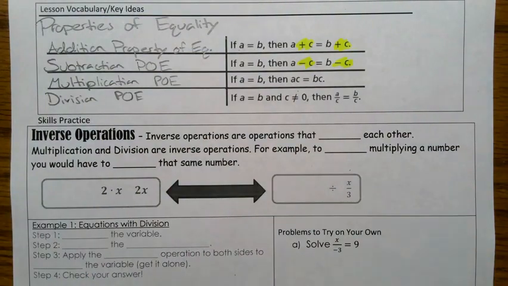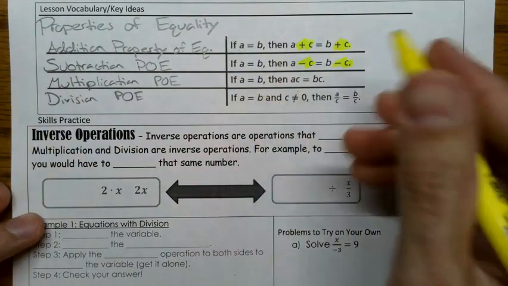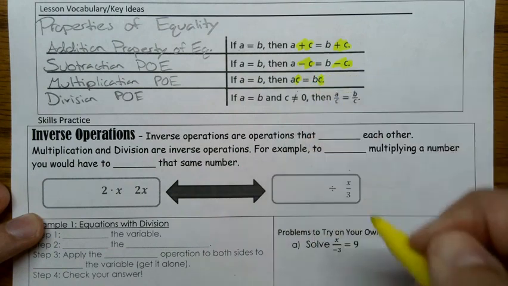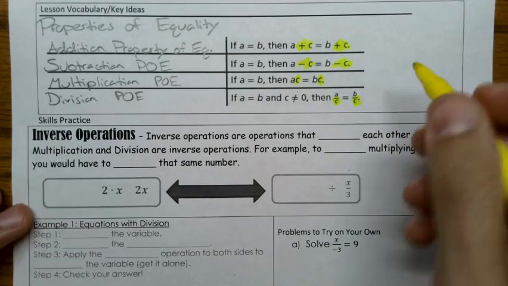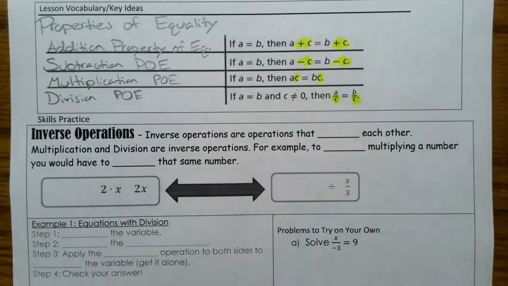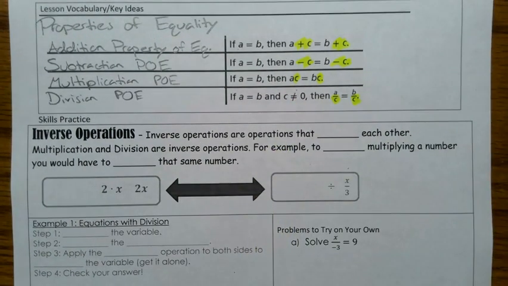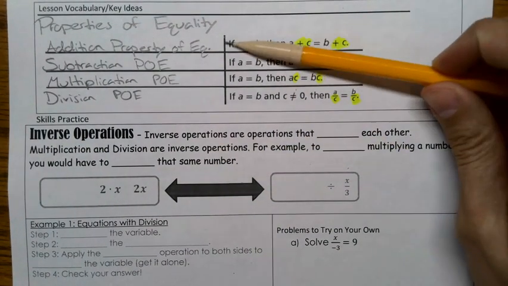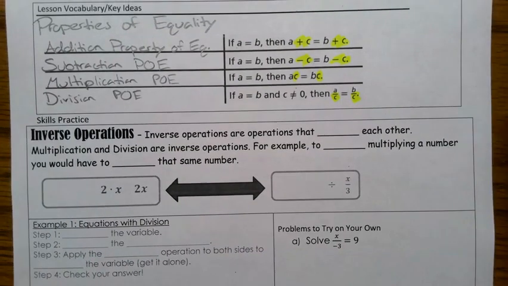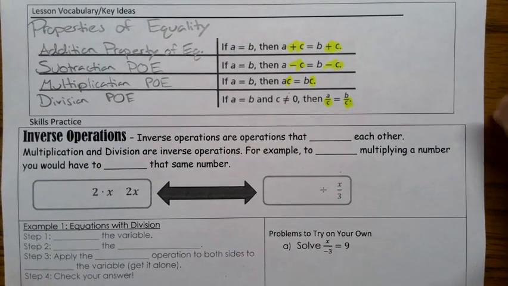So again, saying that if you have an equation that's equal, you could multiply both sides by C and it will stay equal. Or you could divide both sides by C and it would stay equal. For the division part, C just can't be equal to 0 because we can't divide by 0. That doesn't work in our number system. So these are the technical terms for what we're doing and why we're able to do them. I just want to make sure you have them there. You won't use them too much, other than in geometry in a couple of years, they do come back up. So I want to make sure you've seen them and you have them in your notes.